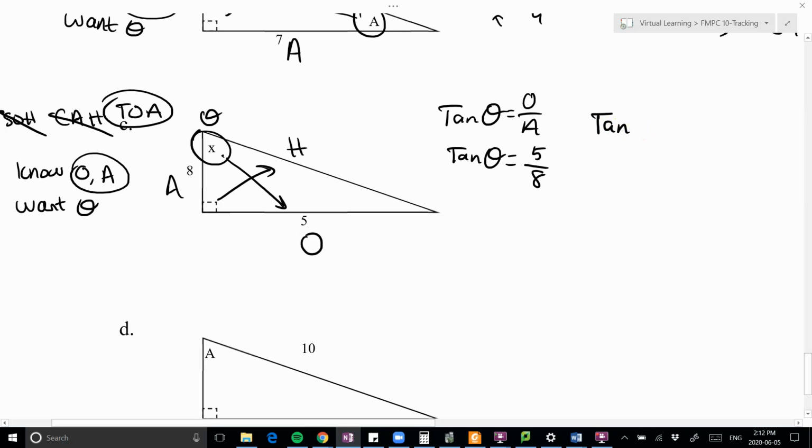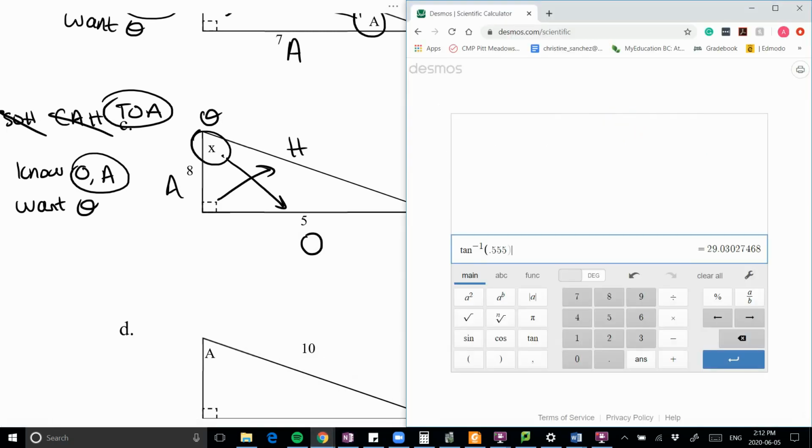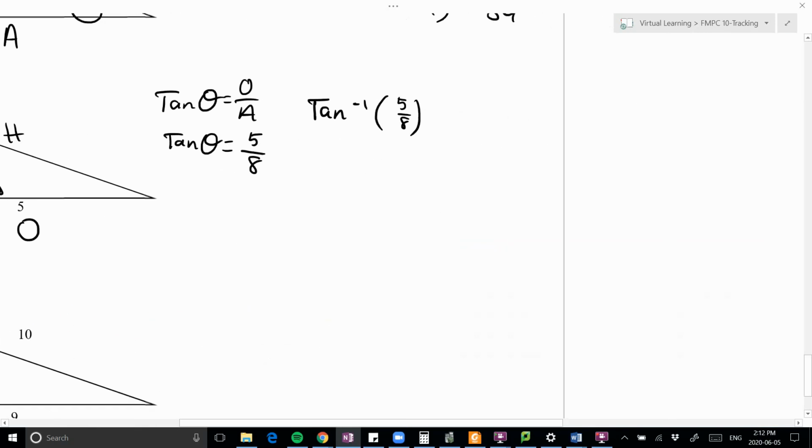Just like the other one, but it looks a little bit fancier even. So we're going to go tan -1, 5/8. So if we look at my Desmos, this is a really good one to use if you are using an internet calculator. This Desmos scientific calculator does everything we need it to do.